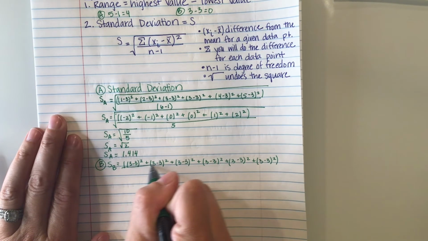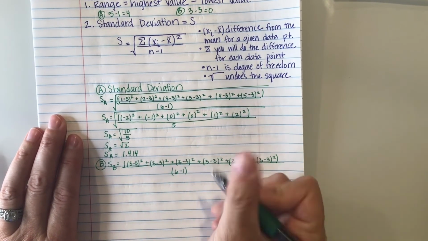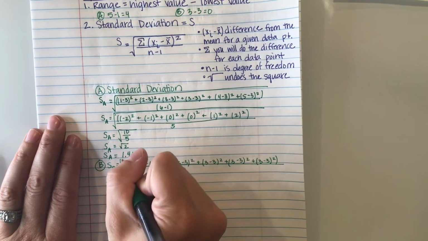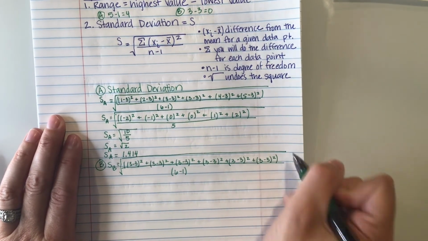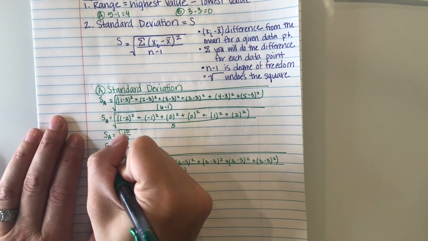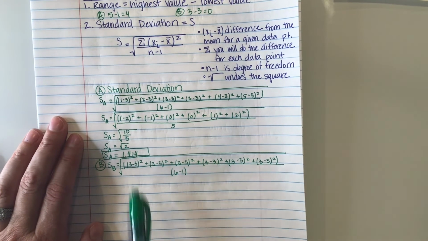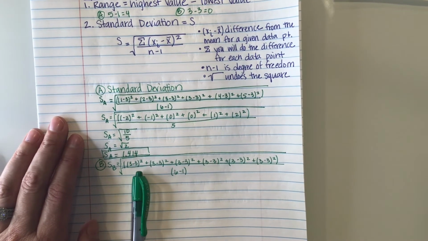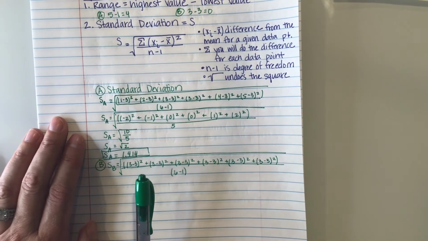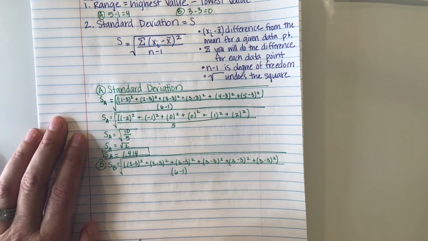My n value, I have 6 values, so it's going to be 6 minus 1. And remember, I'm going to take the square root of all of this. I'm going to do some simplification on my math here. I like to box my answers, and I forgot to do that a second ago. And I'm going to tell you that 3 minus 3 is always 0. So it's going to be 0 plus 0 plus 0 plus 0 plus 0, and 6 minus 1 is going to be 5.